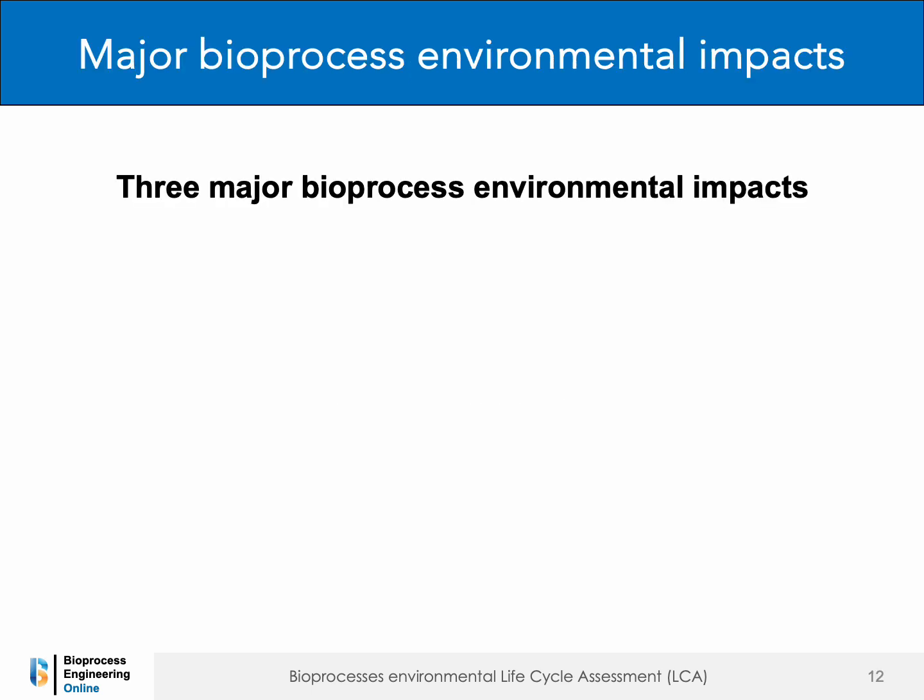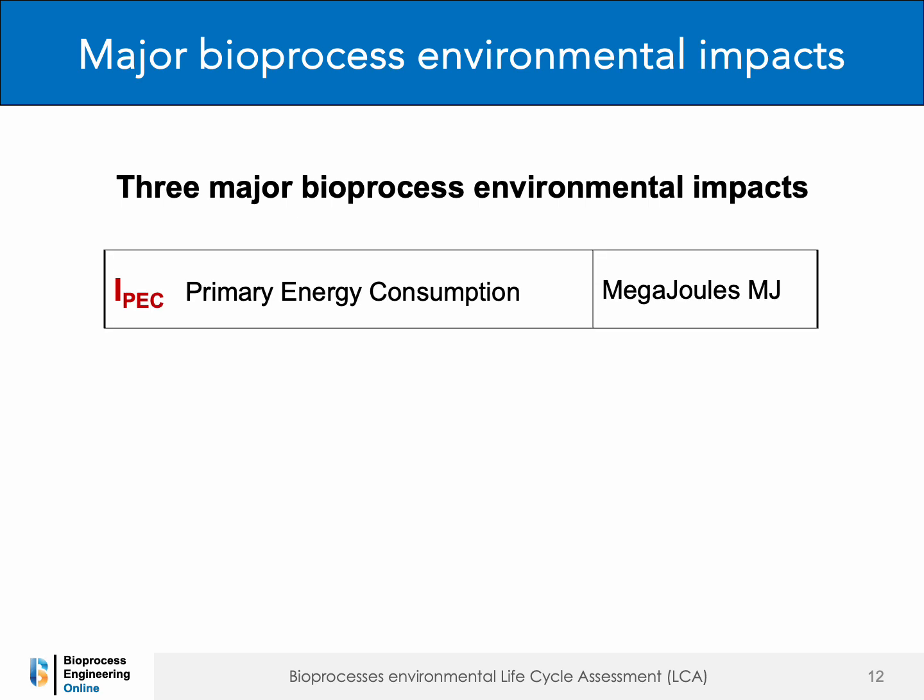For enzymatic, microbial, or other cellular bioprocesses, there are typically three major environmental impacts to consider. Firstly, primary energy consumption, PEC, in megajoules. Bioprocesses often exhibit high energy consumption, particularly for the operation of fermentation and thermal unit operations, such as sterilization, evaporation, and drying.